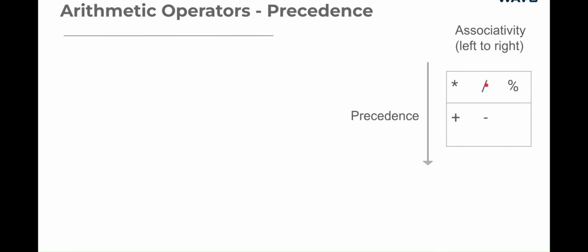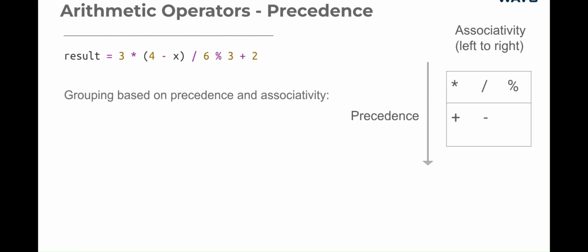Here result is equal to 3 multiplied with, this is the operation we should do. Let us see this operation. As we know, multiplication, division and modulus are the first preference, precedence, and second is plus and minus.